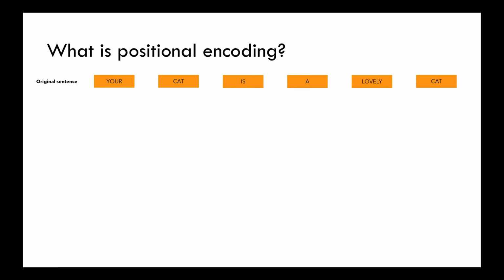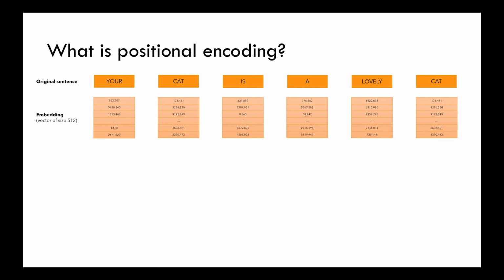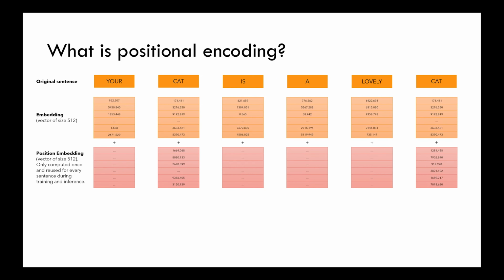How do we do this? We take this sentence and convert it into an embedding, which we did in the previous layer, and we add a new vector to this embedding. Dimension by dimension, we add a new vector that tells that this particular word is in this particular position. This vector only depends on the position, not on the word to which it is applied.